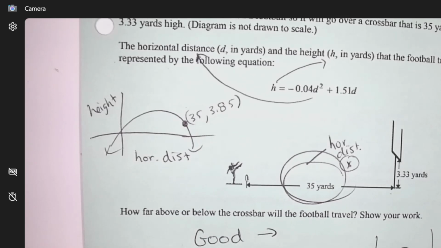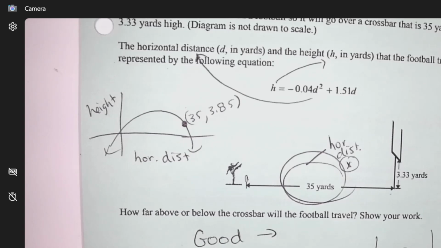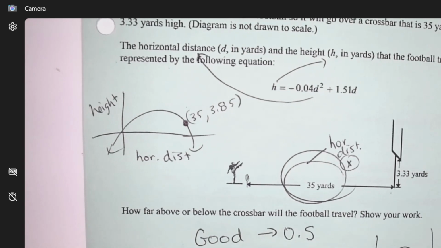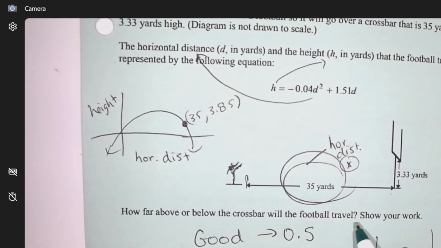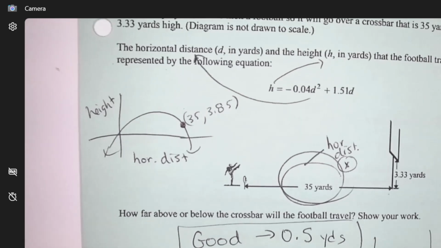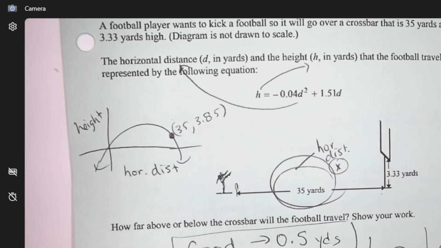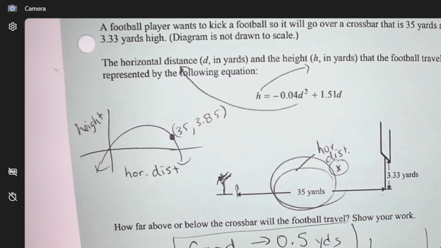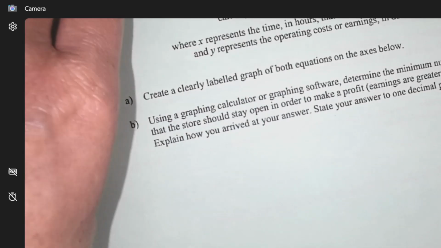I just subtracted. You subtracted 3.33, right? You see why we're doing that? The height of the crossbar, height of the football. 0.5, and what are we going to put beside that as a unit? Yards. Okay? So use your calculator to do the math, but you've got to understand what's going on. So that's all about the words, some problem solving.